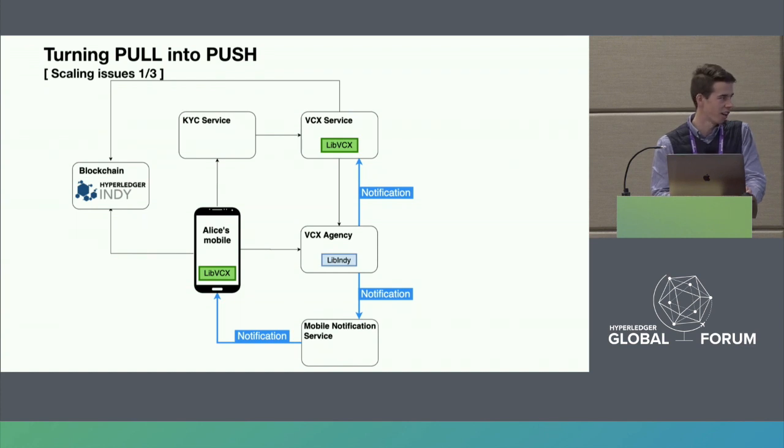I believe there's still a better way to do this. In the future, we might not use push notifications, but rather have an open WebSocket connection with the agency, and we can make sure we don't leak any metadata in the form of push notifications going through Google or Apple.